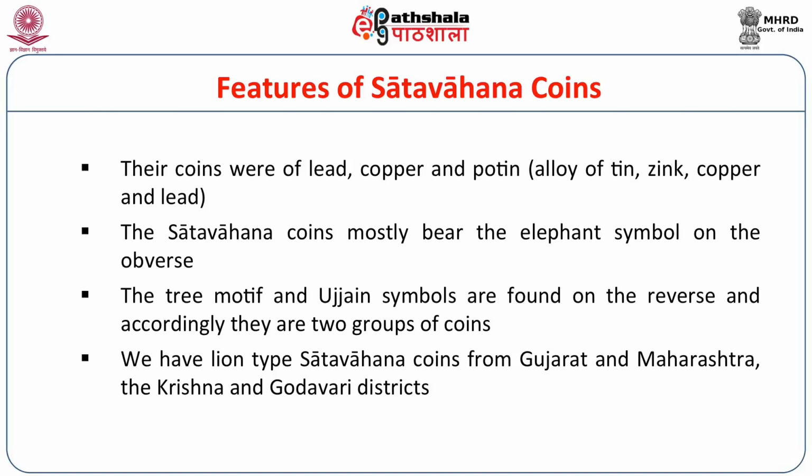Lead, copper and potin. Potin is an alloy of tin, zinc, copper and lead. The Satavahana coins mostly bear the elephant symbol on the obverse, and the tree motif and Ujjain symbols are also found on the reverse, and accordingly they are of two groups of coins.